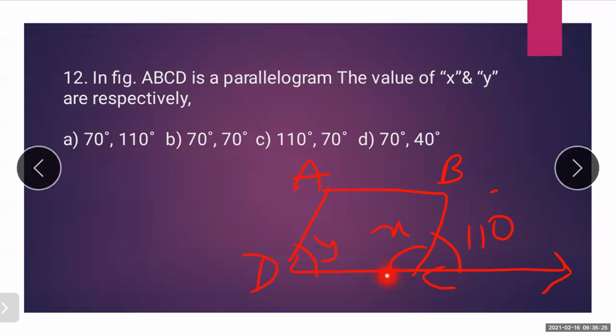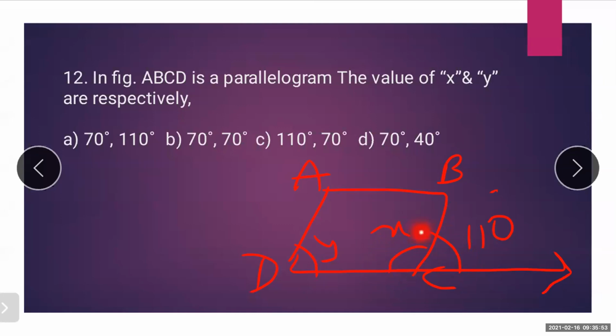So this part is given 110, then this part will be 70 degrees, because the sum of the angles forming a linear pair is always 180 degrees. So this value of x will be 70 degrees.